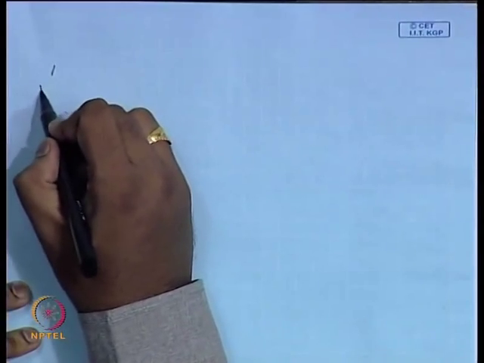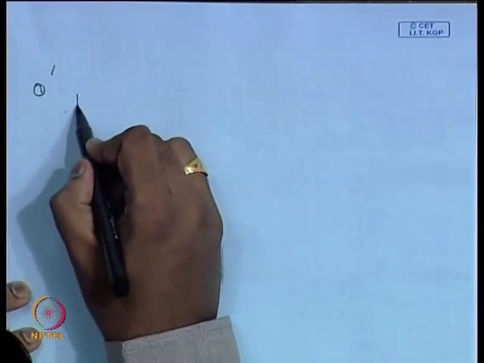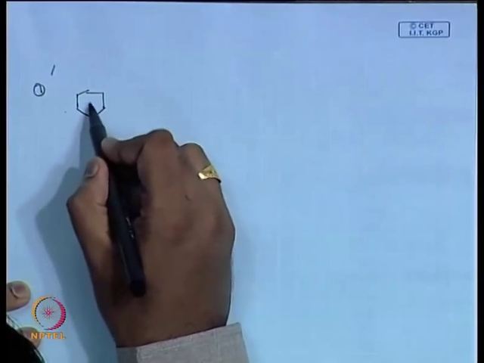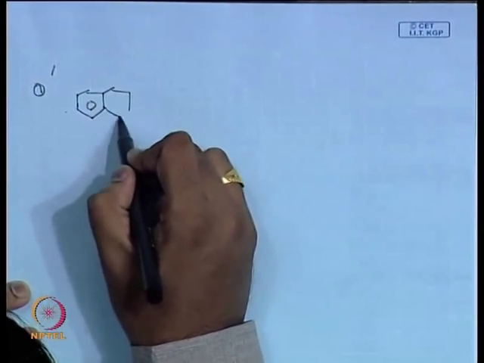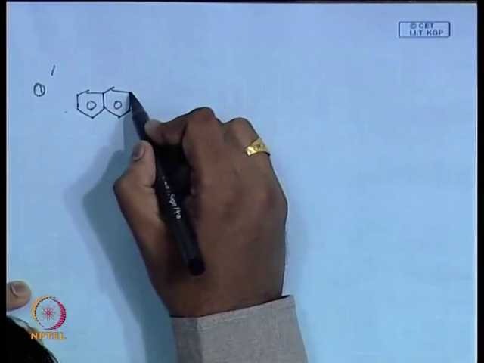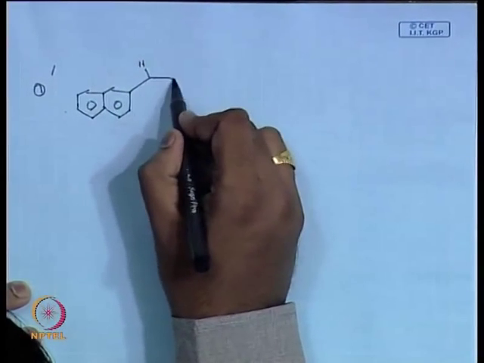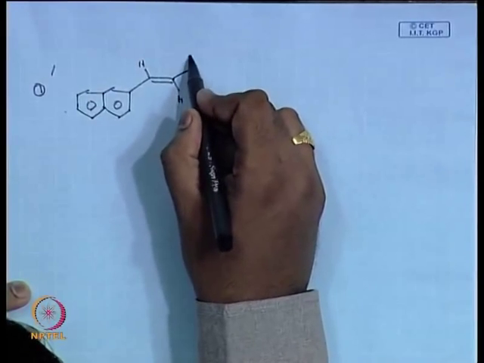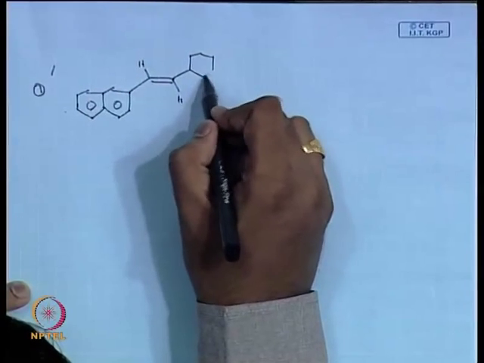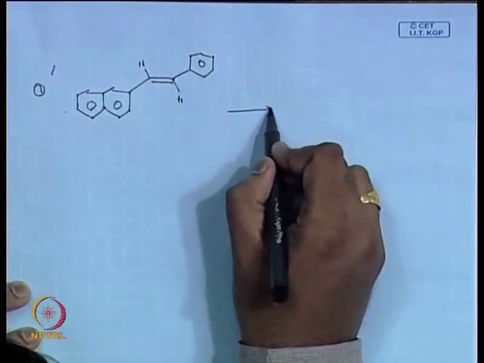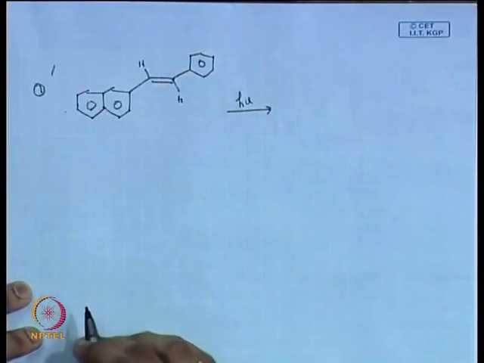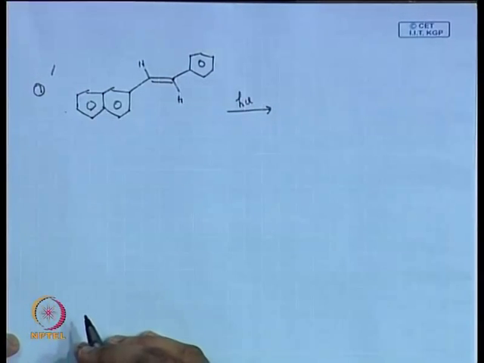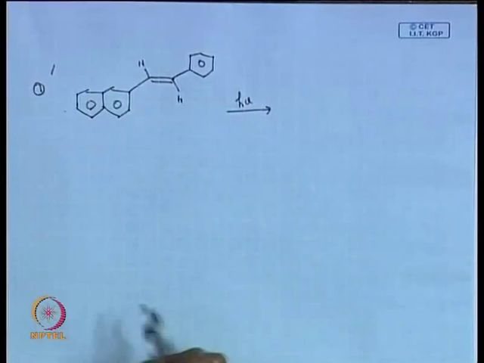Take a first example, which you guys know. I think it's easy to draw, but just as an example I am saying. Do a photolysis. Try to draw the trans structure or the cis structure.